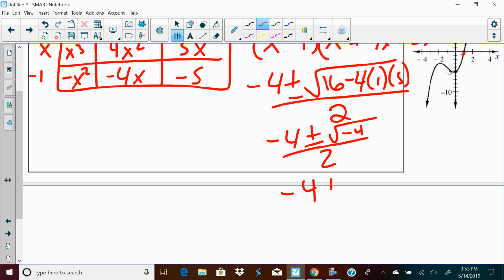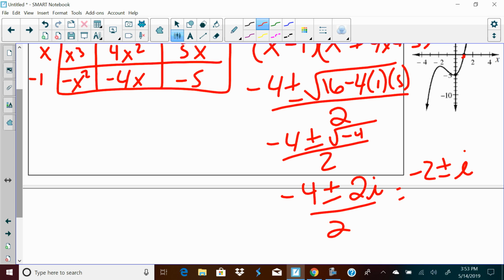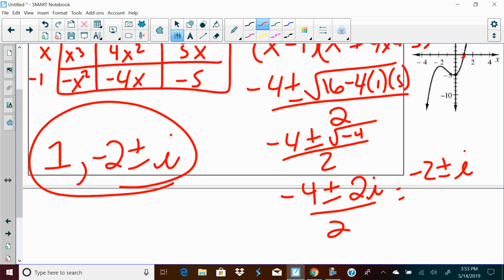Negative 4 plus or minus 2i divided by 2. So if I simplify that, I get negative 2 plus or minus i. So my roots, I already know one of them is positive 1, comma, negative 2 plus or minus i are my three roots.